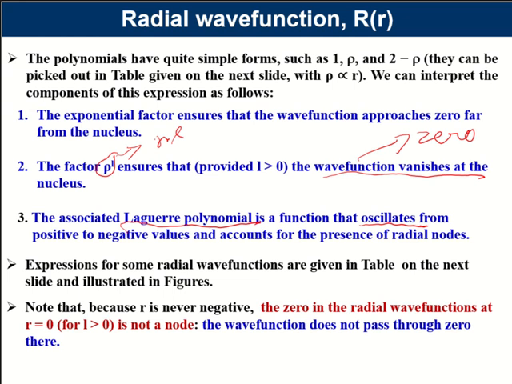So that zero point is called a node. We should never get confused about why we are not calling that a node.